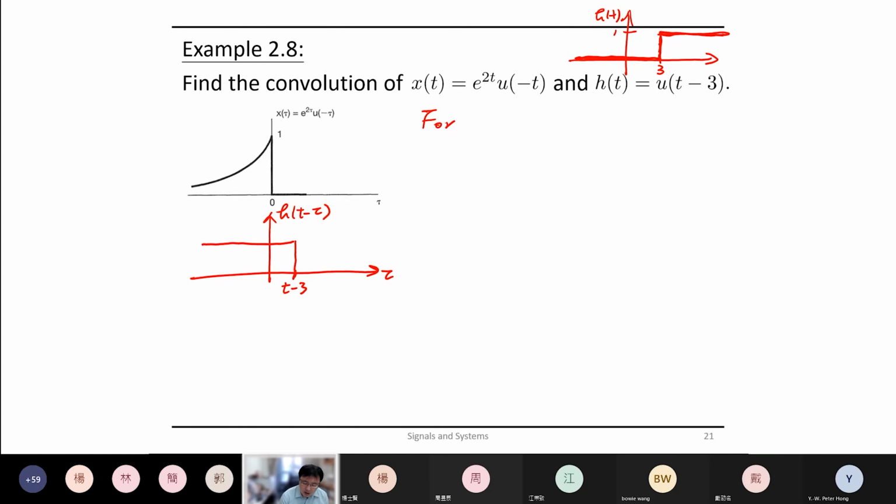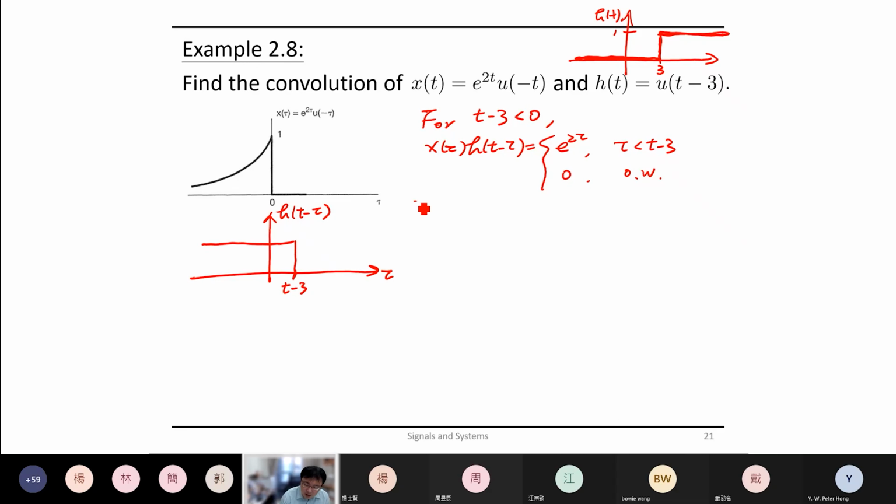Right. So suppose we first look at the case where t -3 is less than 0, right? So that this edge is in the negative axis. Okay. Then x of tau, h of t minus tau, is equal to e to the 2 tau for tau less than t -3 and 0 otherwise.